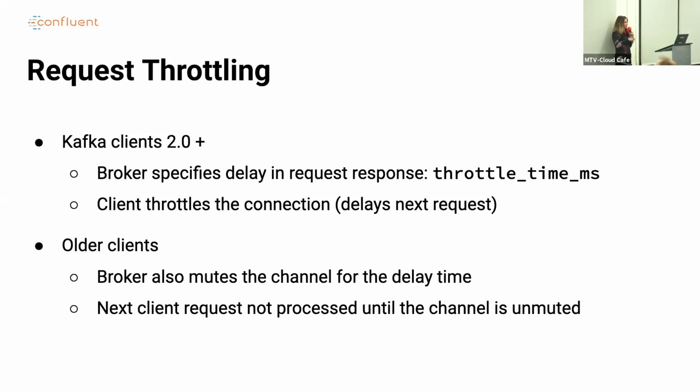But for all the clients who don't understand it, the broker not only adds delay to the response, it also mutes the channel. So an older client might still send the request, but it will not be processed until the delay is over. You might think, what if clients send the next request? But normally clients have just a few connections and a closed-loop kind of workload, so especially for producer and consumer, you don't just suddenly send new requests.